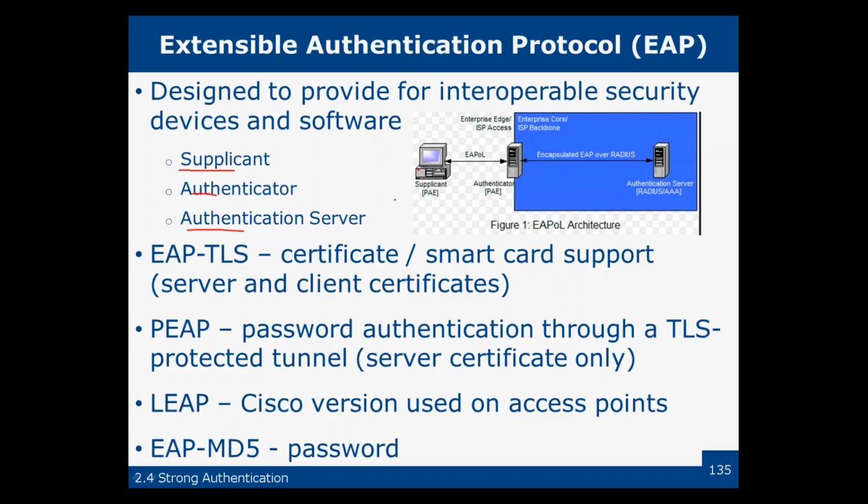We're used to talking about client and server. In this case, the device that we normally think of as the client is going to be called the supplicant. The authenticator is the device that we're trying to get access to. And the authentication server is the device that holds the usernames and passwords to check what's going on with these things.